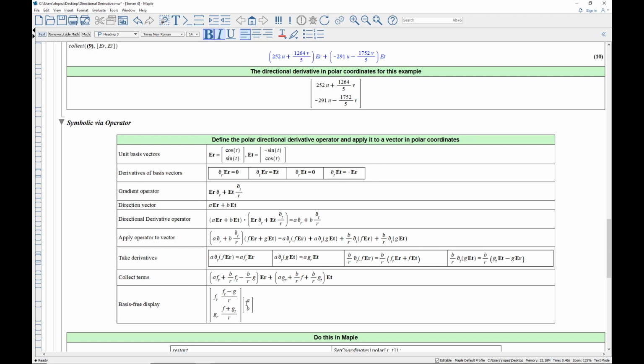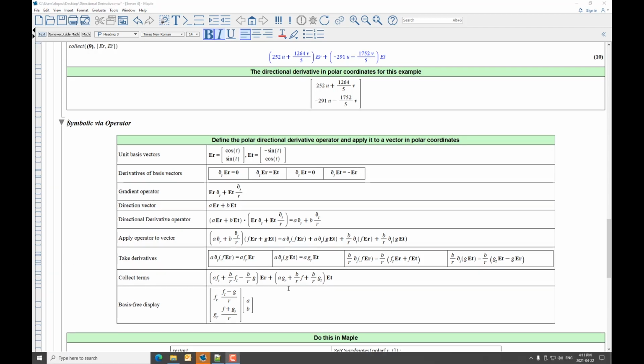That does not look like just taking a gradient, because if you just took a gradient, you would not get this undifferentiated term here or here. So it is the differentiation of the basis vectors that changes your expectations of what this is going to turn out looking like in the general or symbolic case.